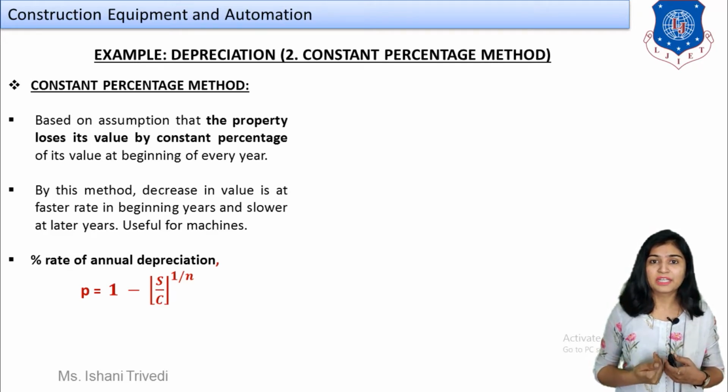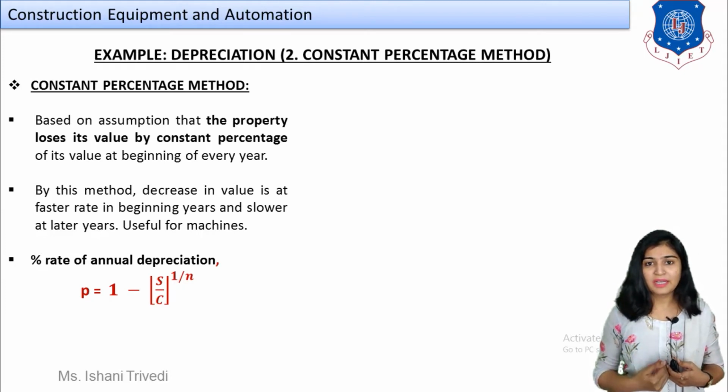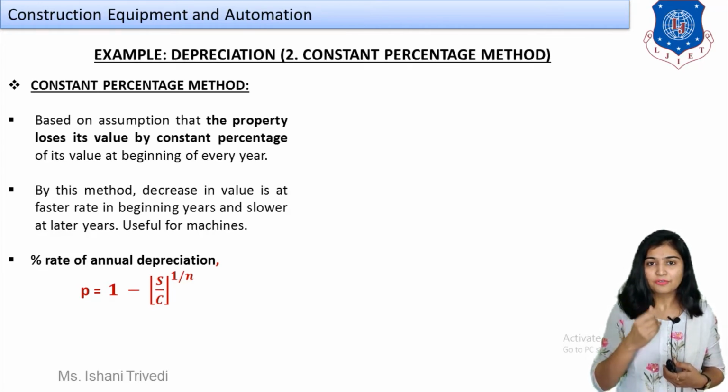So how do you calculate this? To find out the percentage rate of annual depreciation, meaning per year depreciation, we have the formula P equals 1 minus (S by C), the whole bracket raised to 1 by N. Now what is S over here? That is salvage value or scrap value.